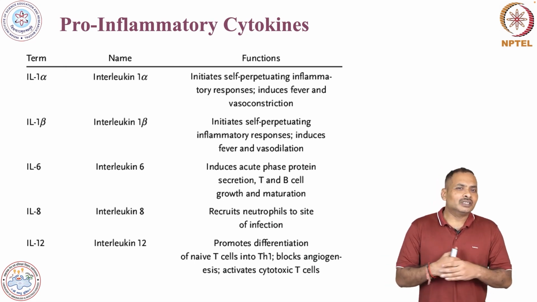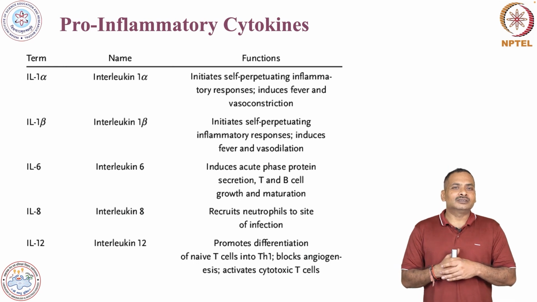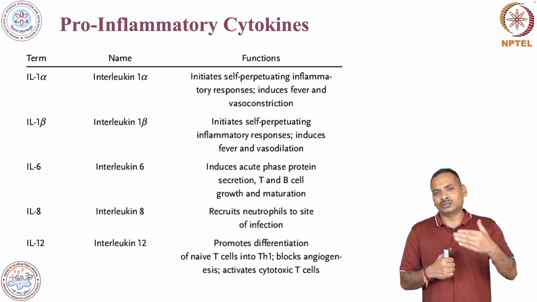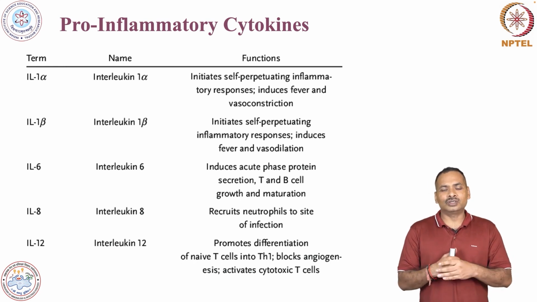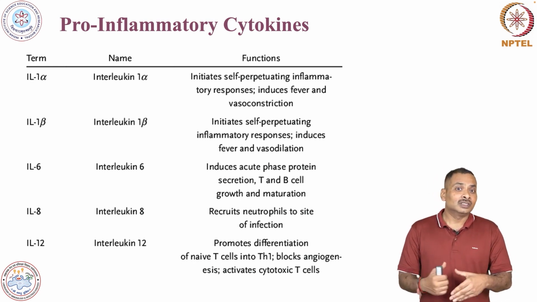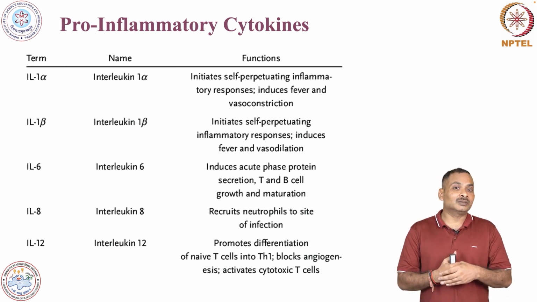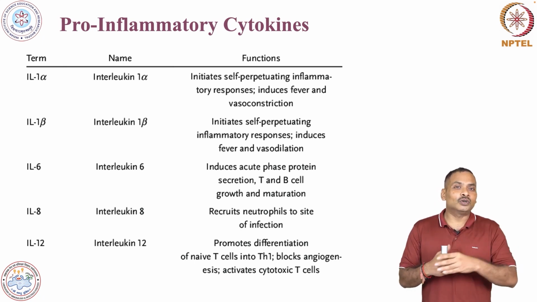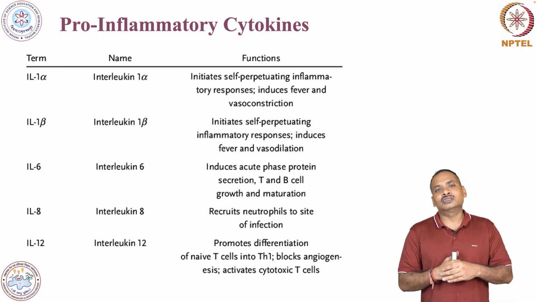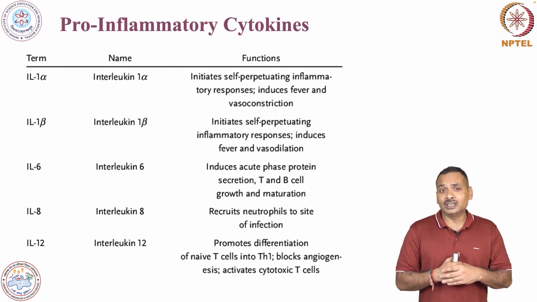So, you may look at one test which doctors recommend if they suspect some kind of inflammation in the individual. They ask to check the CRP level, C reactive protein level.